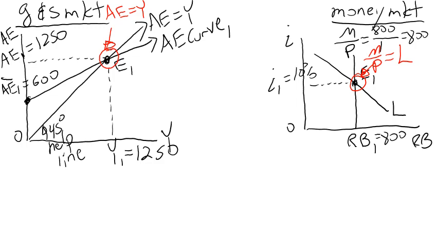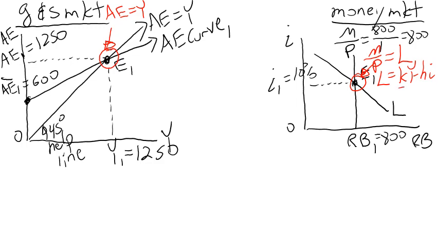All right, and don't forget that money demand is stated this way. L is equal to KY minus HI. Y is national income, which is derived from the goods and services market. I is the interest rate, which is derived from the money market.